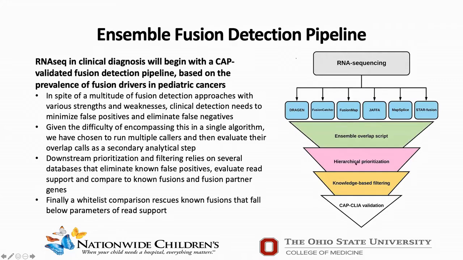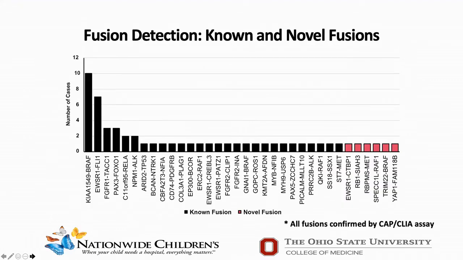And then the downstream prioritization occurs that uses filtering to take a look at several databases that we've built that eliminate known false positives and evaluate read support, and then compare these to known fusions and their fusion partner genes. And then finally, there's a whitelist comparison that rescues known fusions that fall below the parameters of read support so that we don't miss anything that's already been reported.